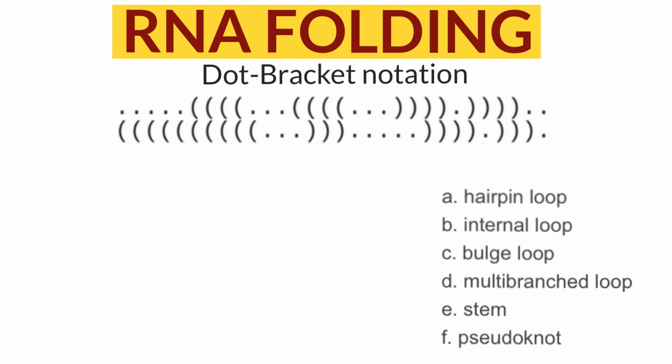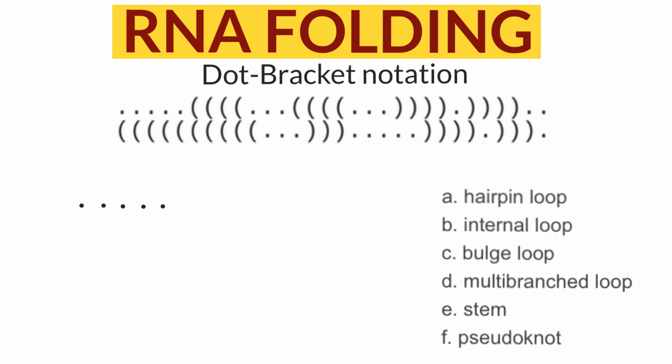So let's start. As you see, we have 1, 2, 3, 4, 5 dots which specify unpaired RNA. So let's put 1, 2, 3, 4, 5 dots which specify nucleotides which don't make a pair.